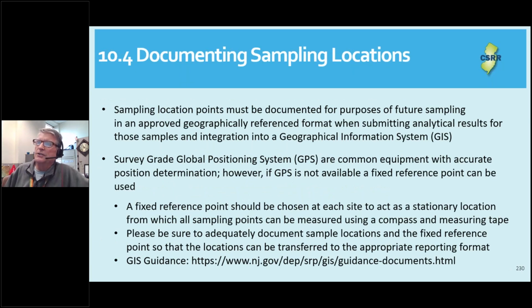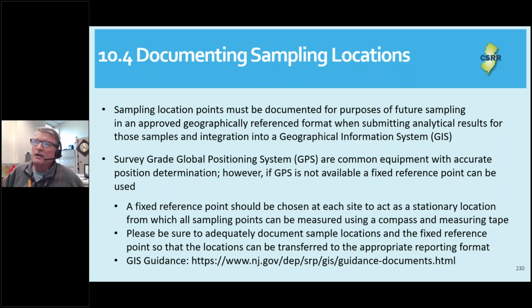Documenting sampling locations has gotten much easier when utilizing modern survey-grade global positioning systems, or GPSs. The new GPSs have centimeter accuracy with automatic signal correction that allows for sample location, notes, and photographic capability in one unit to link all the field information into one file.